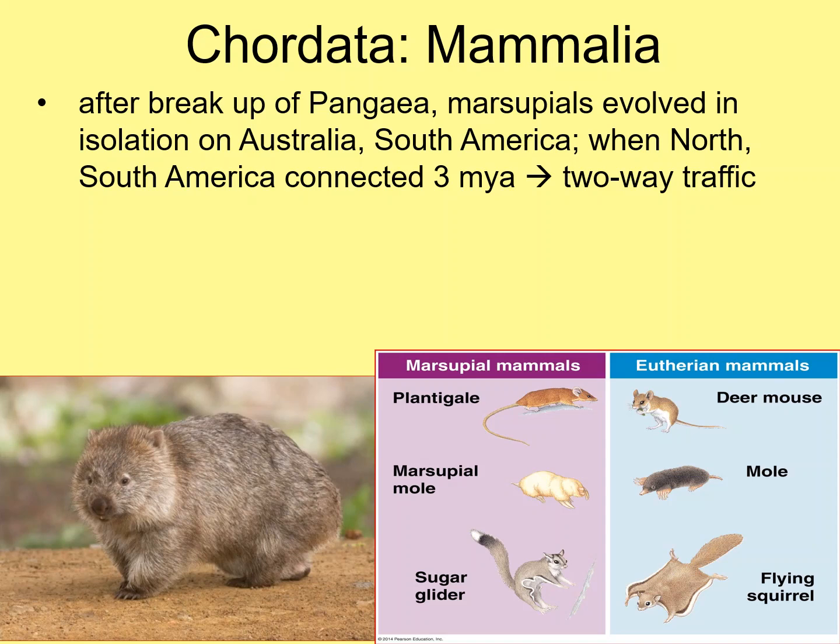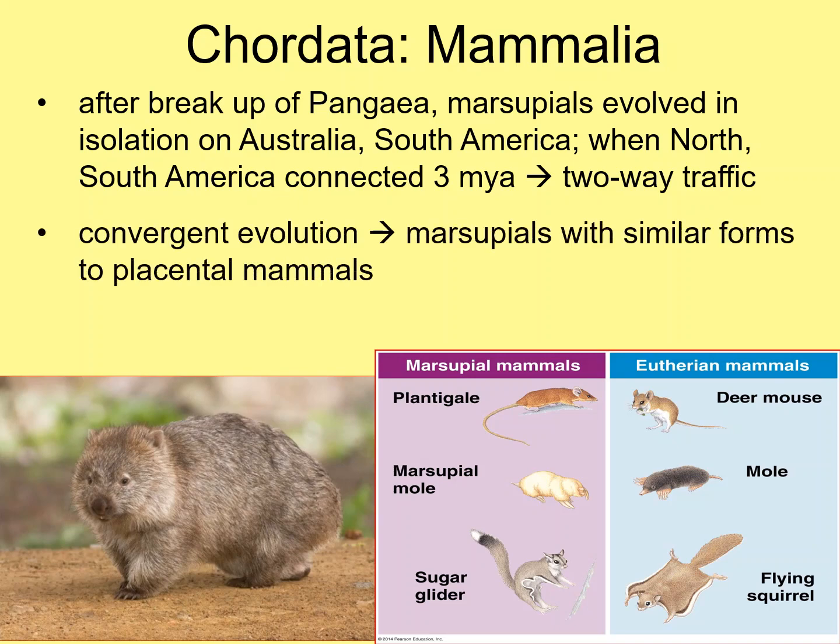What's also very cool, of course, is because they're doing the same job, they're in similar selective pressures, and we have great examples of convergent evolution between the continents. So, for example, we have flying squirrels here in North America. Well, the functional equivalent marsupial is the sugar glider. You notice the moles, we have very, very similar.